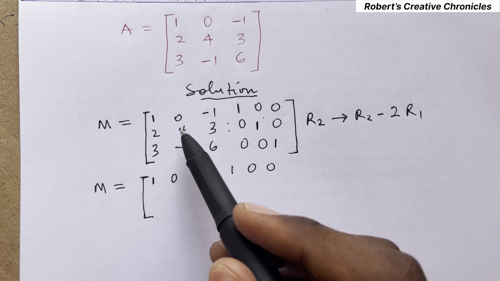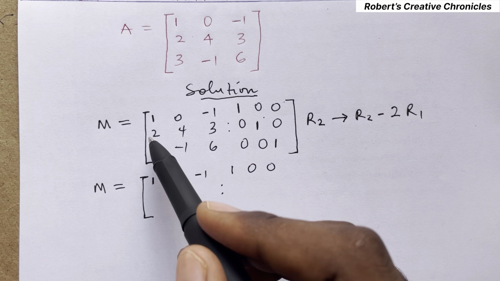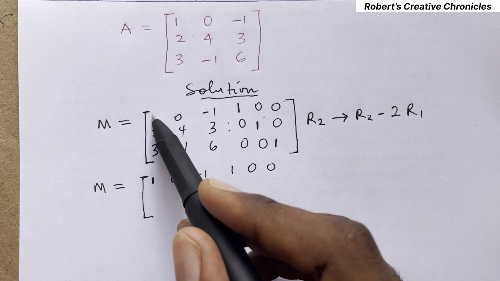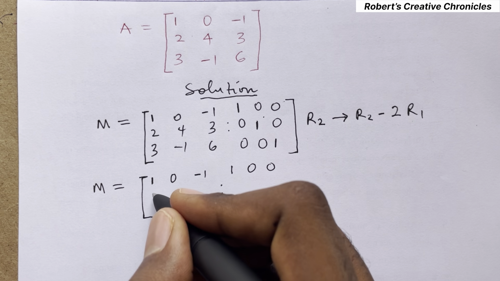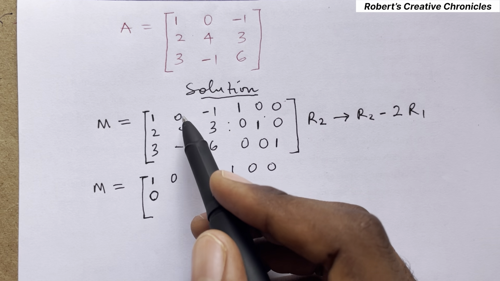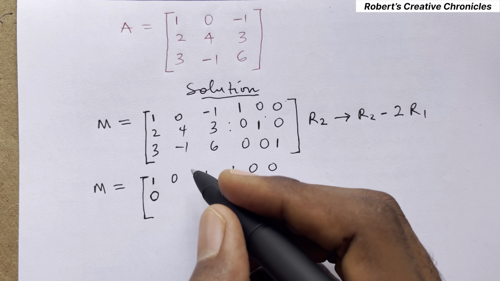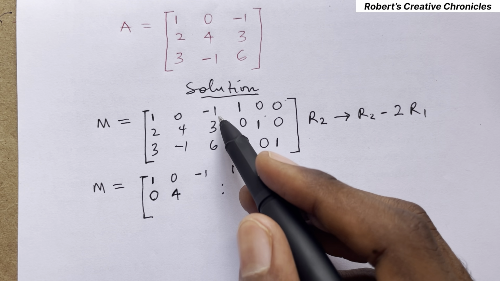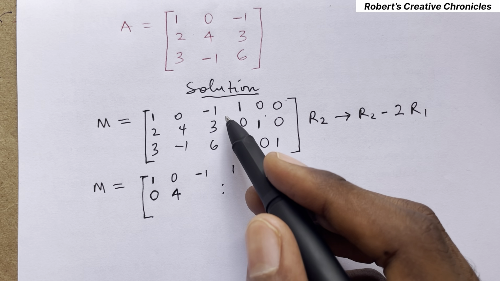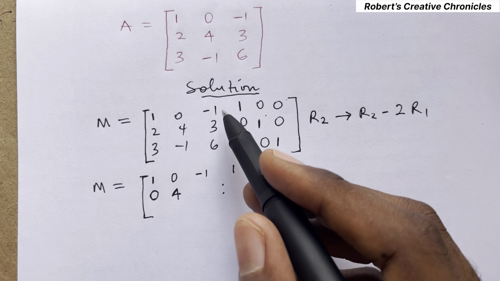So let's multiply this first. 2 times 1 is 2, so 2 minus 2 is 0. So here will be 0. Then 2 times 0 is 0. 4 minus 0 is 4. 2 times negative 1 is minus 2. Then 3 minus minus 2 is 5.